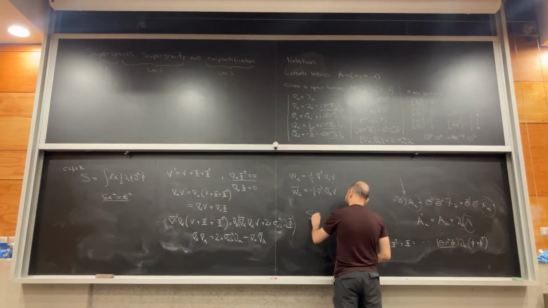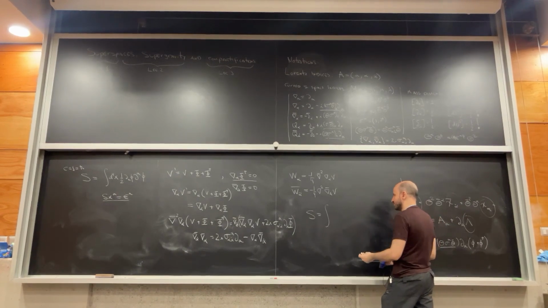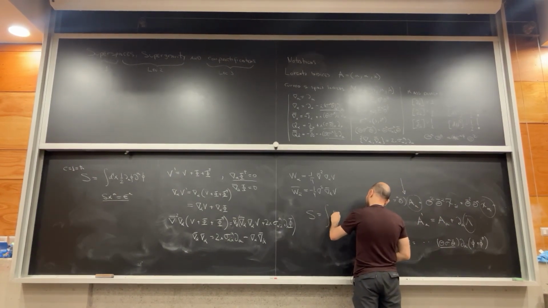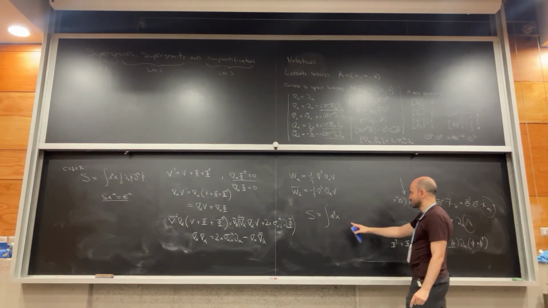So if I want the action for the supersymmetric theory that contains the photon, now I have the mass dimension problem again. In fact, I have two problems.